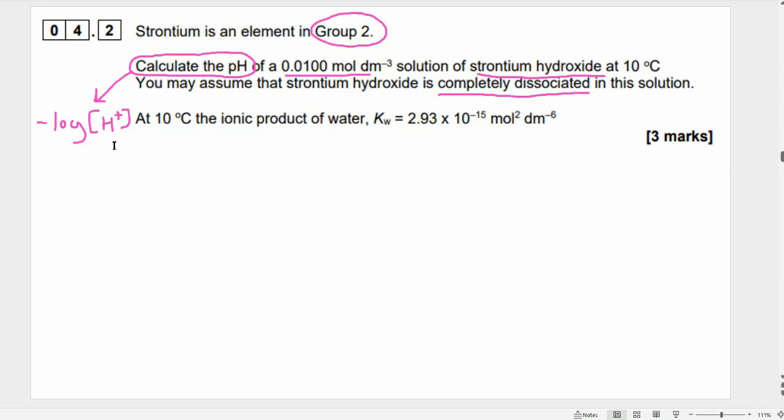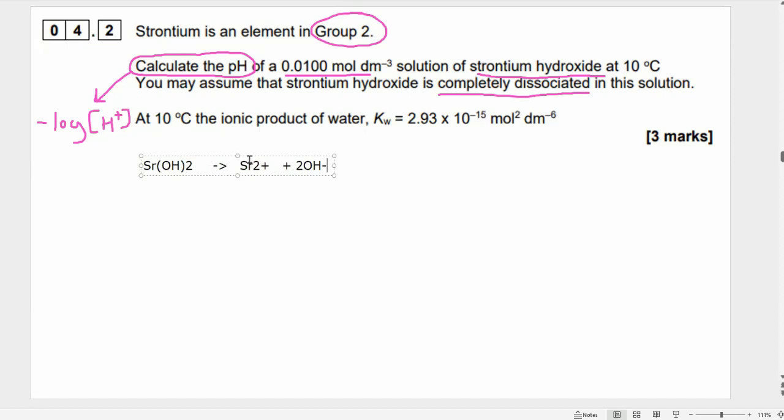What does that mean? Well, that tells us that strontium hydroxide, now, as it's a group 2 element, I'm going to need 2. Notice I'm going to put a full arrow here, not reversible. This is going to break down into strontium 2+ ions, but it's also going to release 2 OH- ions.